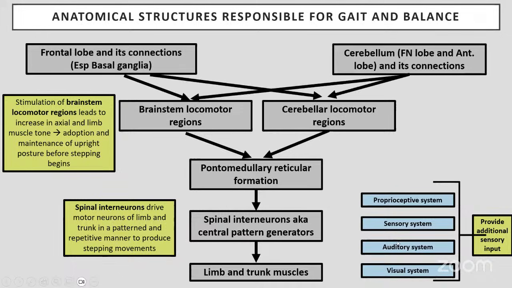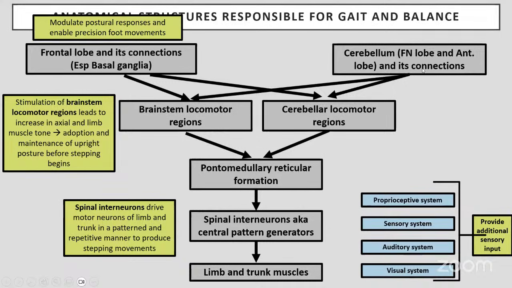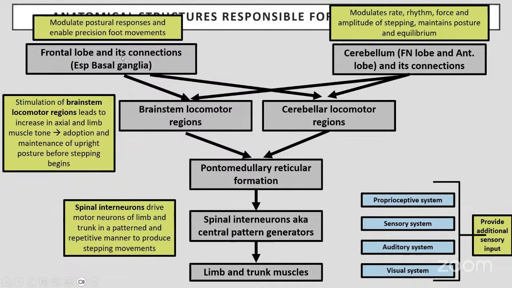Further, these brainstem and cerebellar locomotor regions act through connections via the frontal lobe and its connections, especially the basal ganglia, cerebellum, nodular lobe, and anterior lobe. The frontal lobe mainly helps to modulate postural responses and enable precise foot movements, whereas the cerebellum modulates rate, rhythm, force, and amplitude of stepping, and maintains posture and equilibrium.